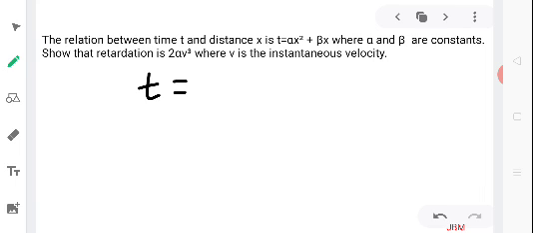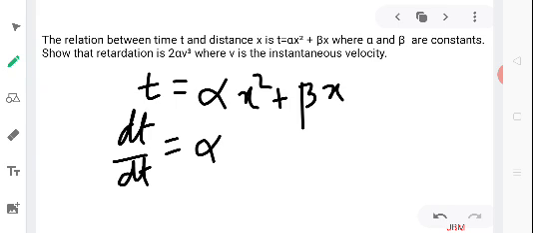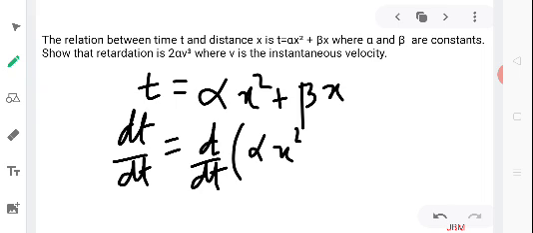t is equal to alpha x square plus beta x. Differentiating it with respect to time. This means we are finding the differential of t. So dt by dt, that will be equal to d by dt of alpha x square plus beta x.